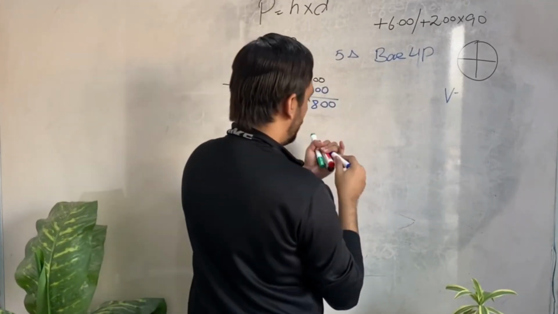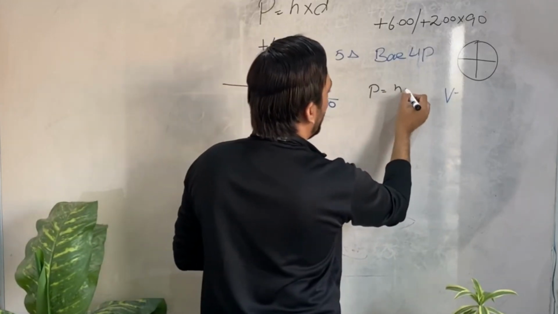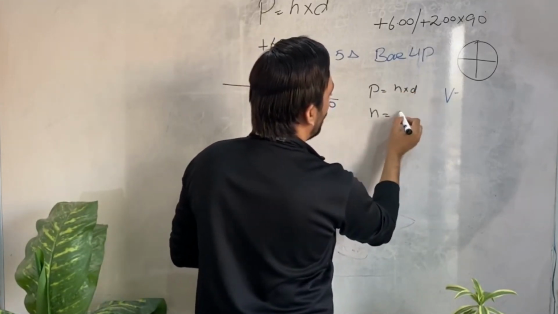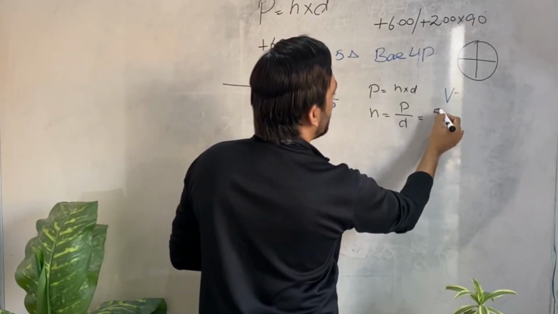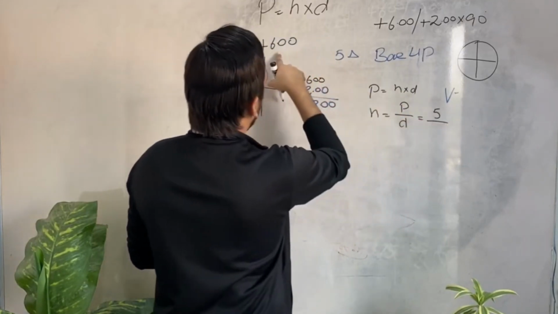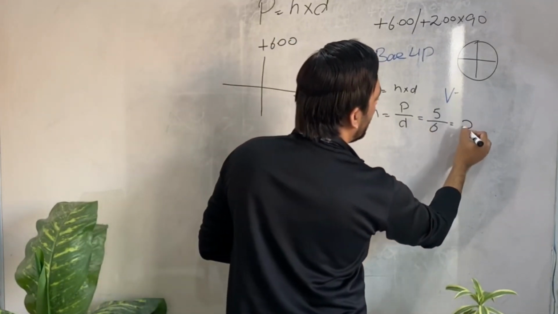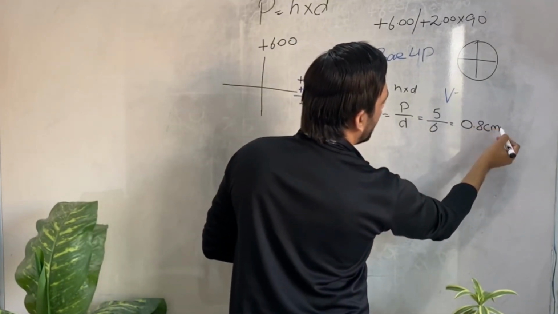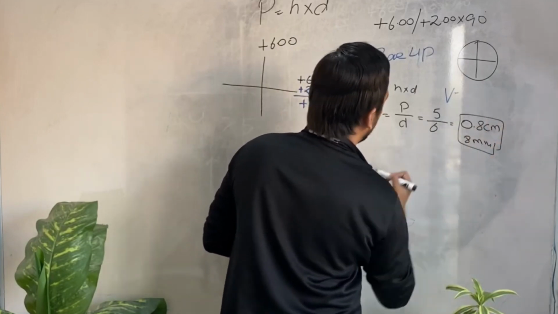So let's put the values in the formula. P is equal to H cross D, so H is equal to P over D. P, the prismatic effect, is 5. The dioptric power of the lens is +6, and that will be 0.8 centimeter or 8 millimeter. This is the decentration, right?